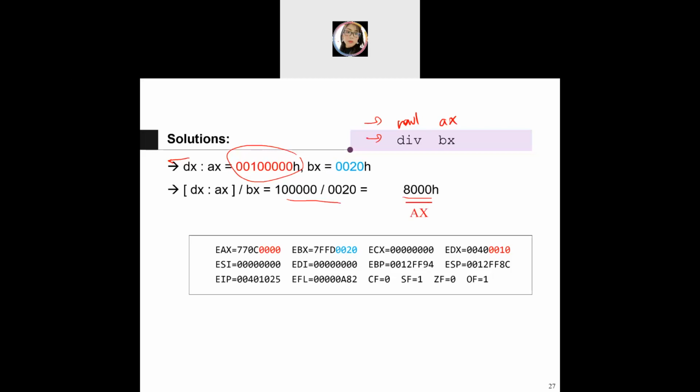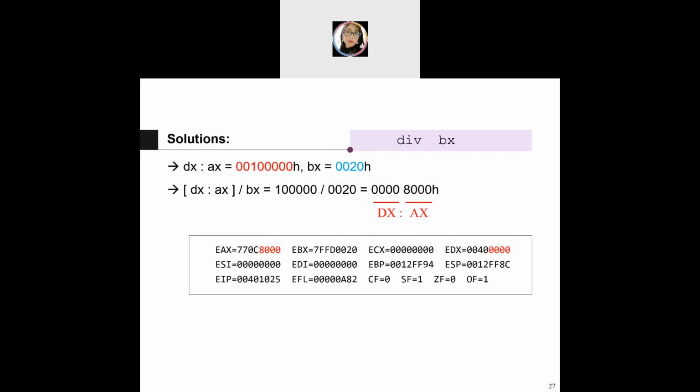So once you divide, you're going to have enough size for AX. The size is enough for AX. So you're going to update the value in the AX, and the rest will be updated to the DX.